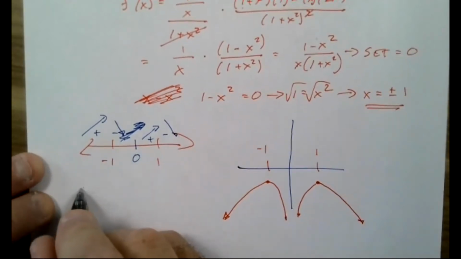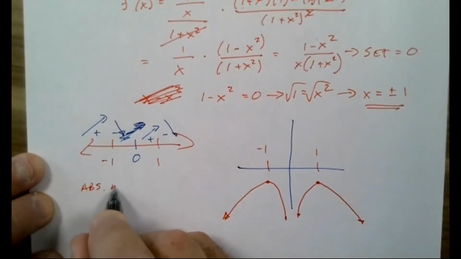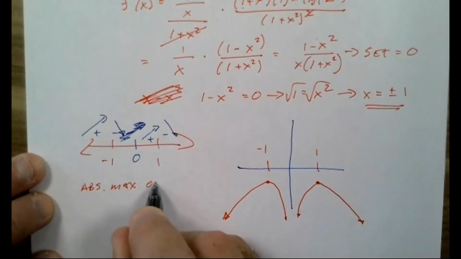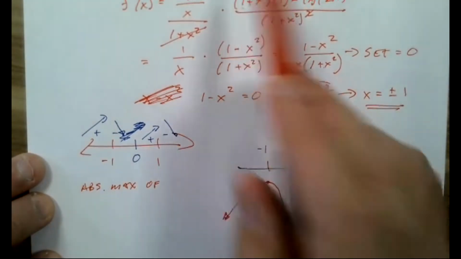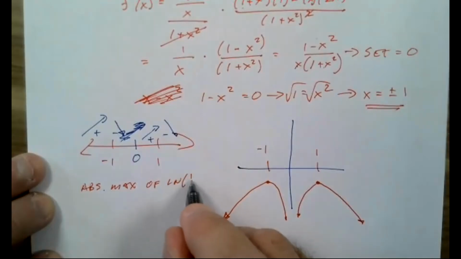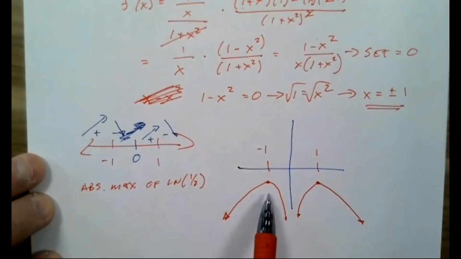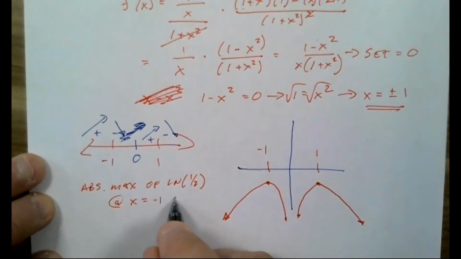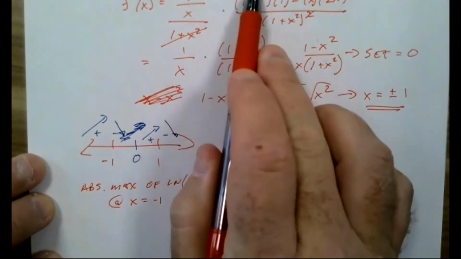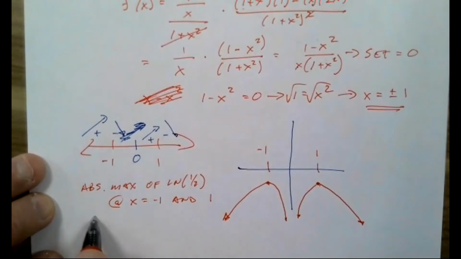So we're going to go with an absolute max of ln of 1 over ln of 1/2, which is a negative number, so that's why it's down below, at x equals -1 and 1. It's an absolute value, so that's why I can put them both there. And then there is no absolute min.